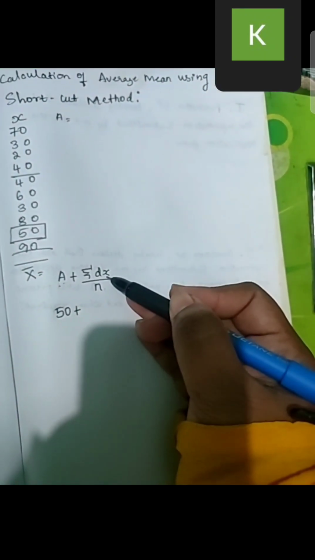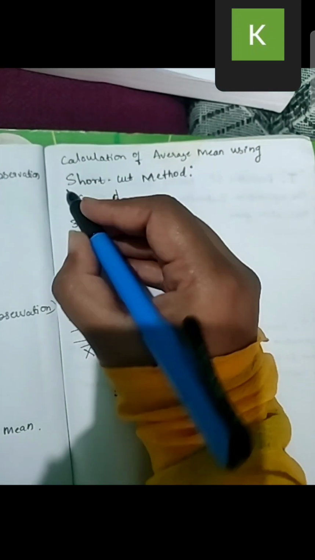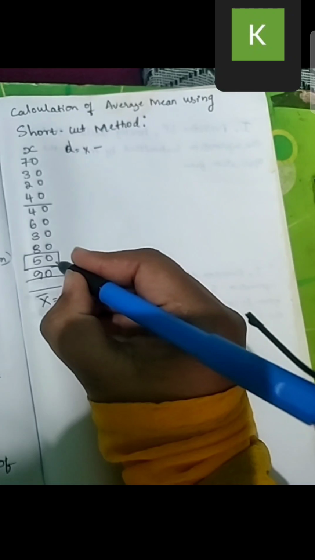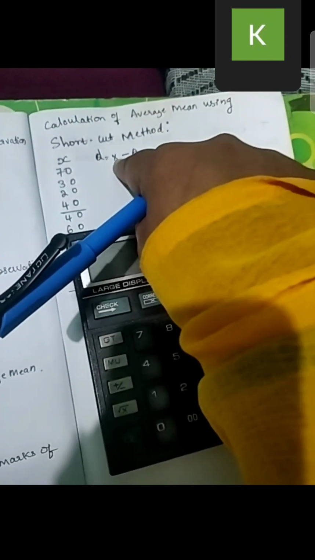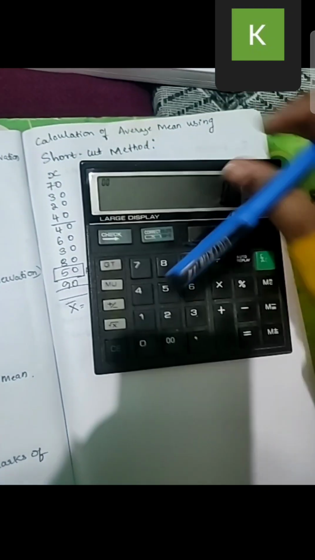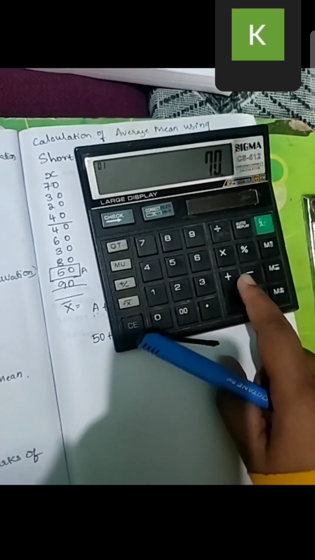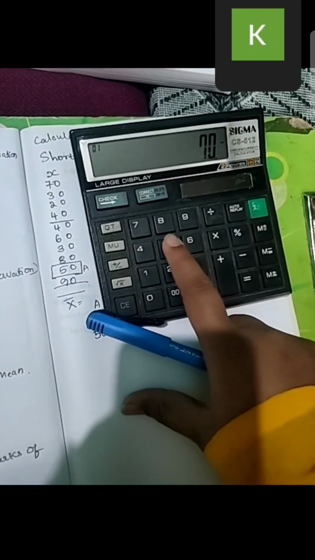Now my next step is finding out d. d is equal to x minus A. My formula says x minus A. My x is 70, minus A is 50.